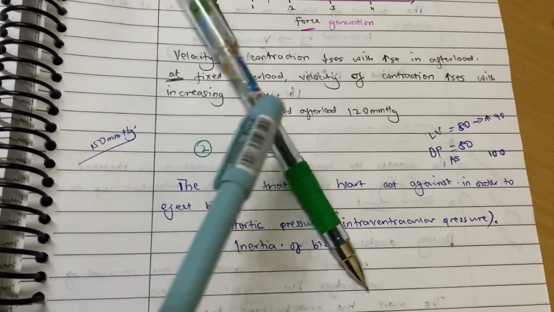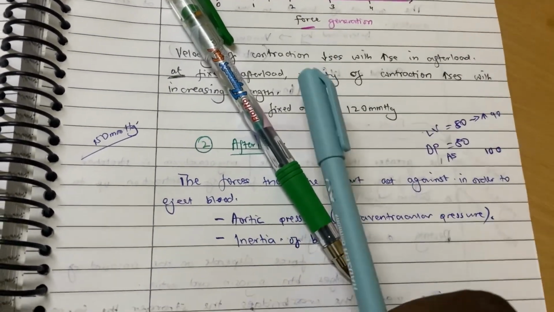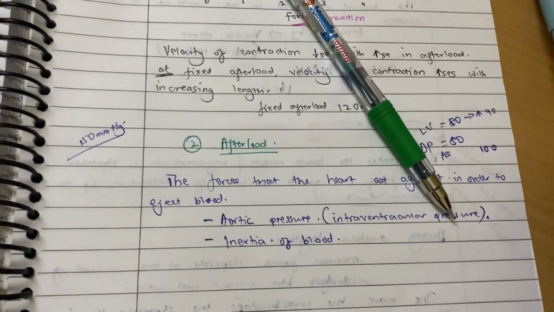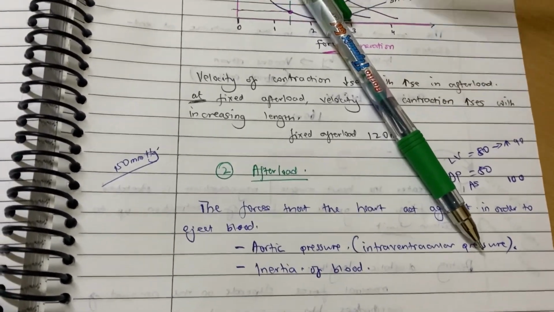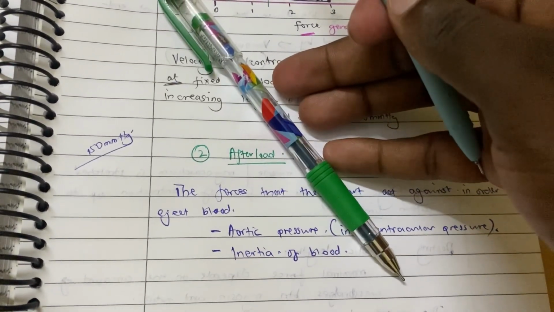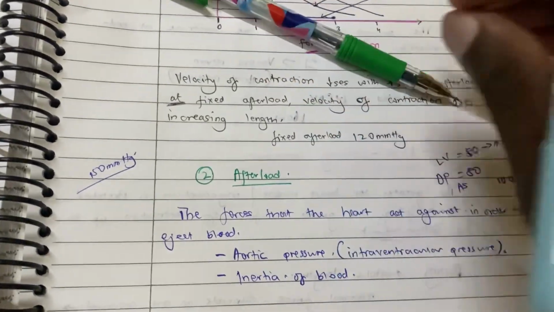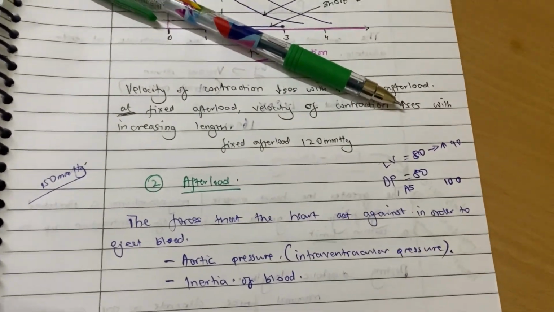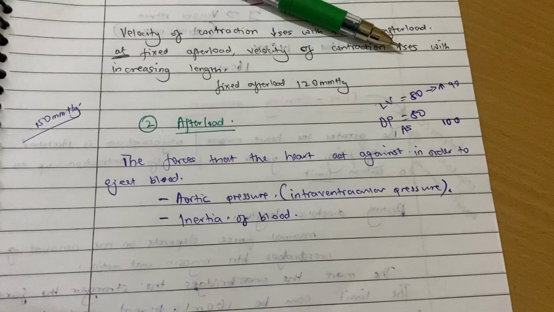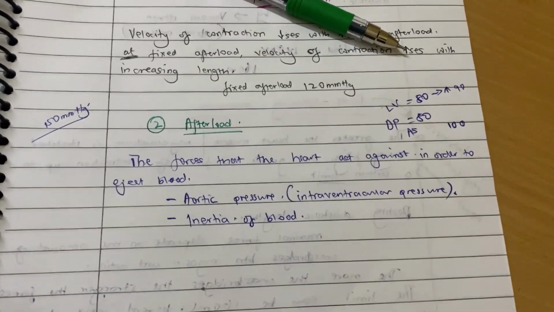And if I push with enough force, it will go up to there. If I want it to stop, I should put a block somewhere here. That is inertia. So during isovolumic contraction, the blood is static, so the LV should generate that force to make it move.